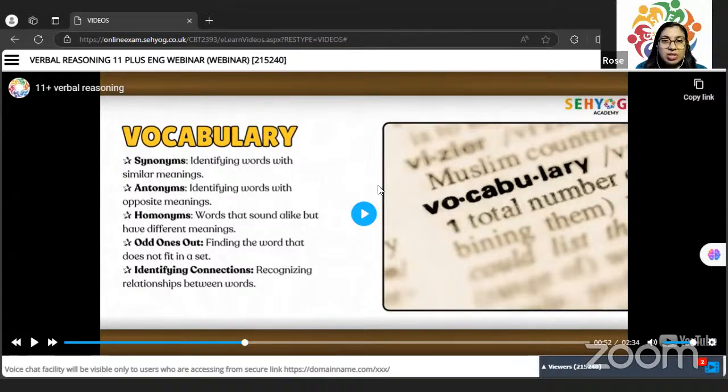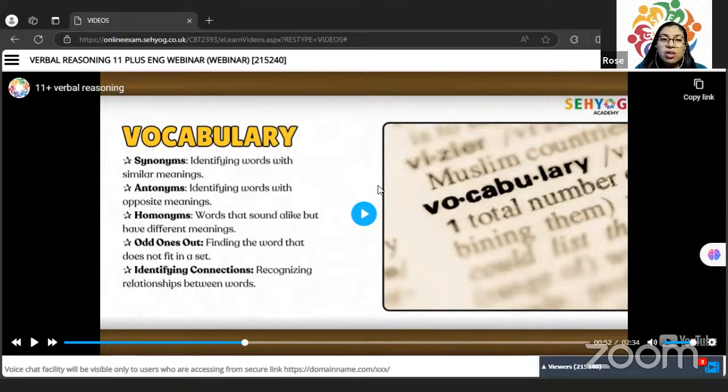I do not see any message coming up in the chat. Yeah, sun. Shweta says sun. And what about all the other children? What do you think? Is cloud not the odd one out? Okay. Shweta, actually, you're right. So, yes, sun is actually the odd one out.